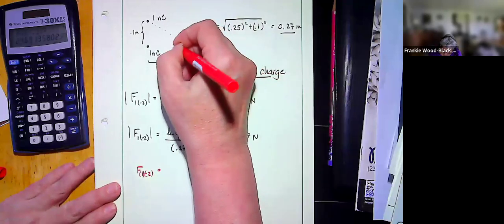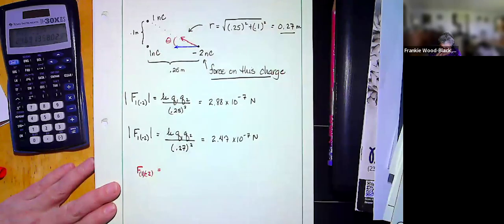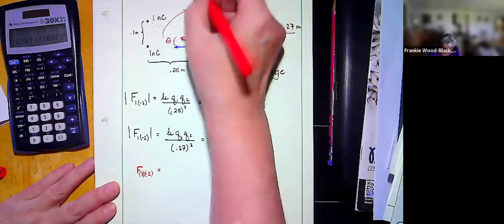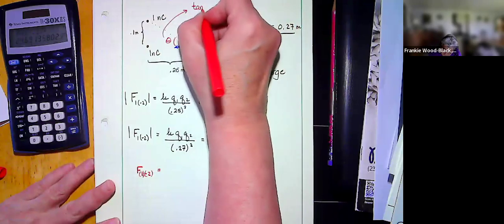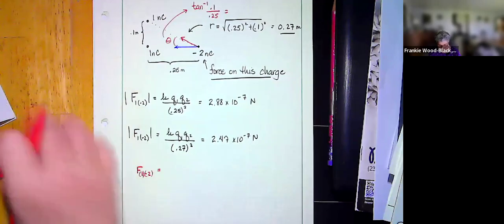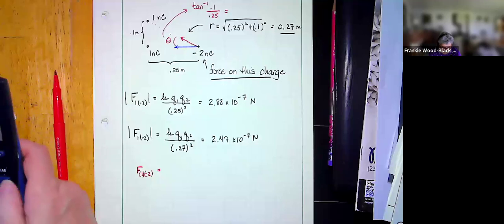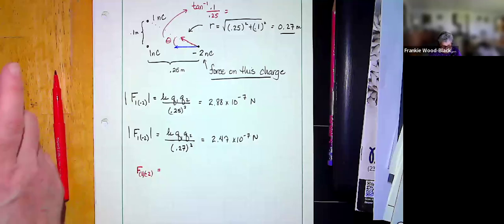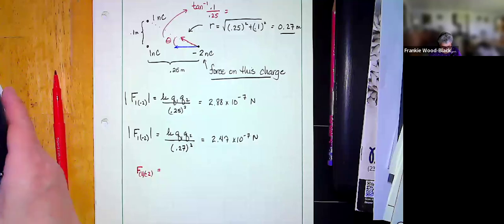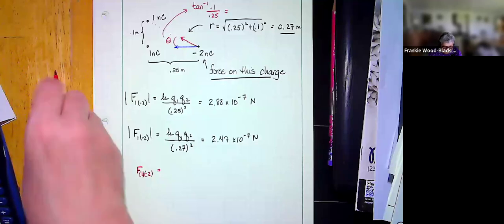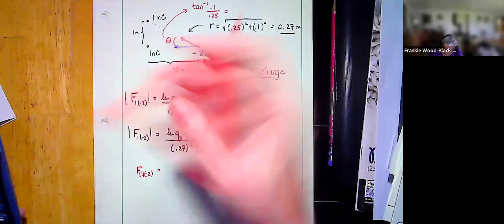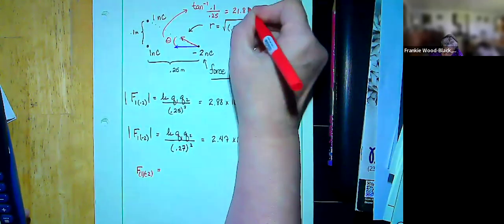Now I can figure out this angle. Okay, that angle is going to equal the arc tangent of 0.1 divided by 0.25. Looks like it's 21.8 degrees.